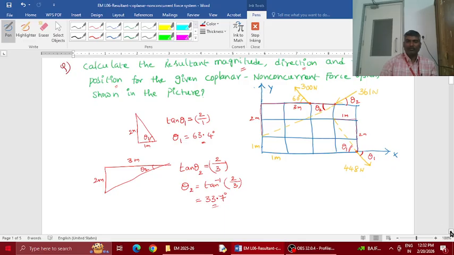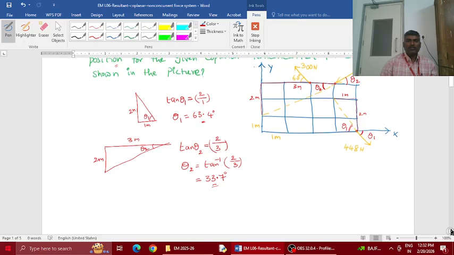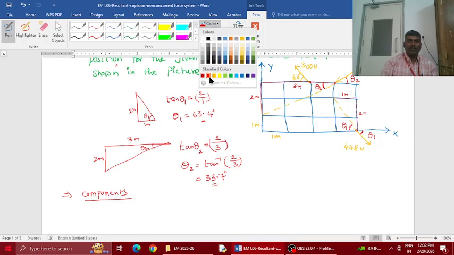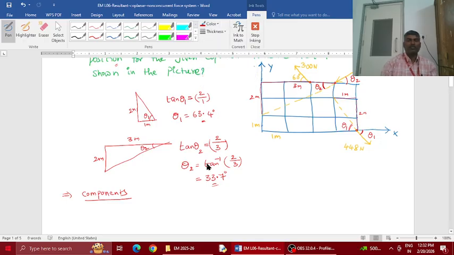Now let us try to find the components. We generally go for rectangular components, right? So we try to resolve the given force into two components.